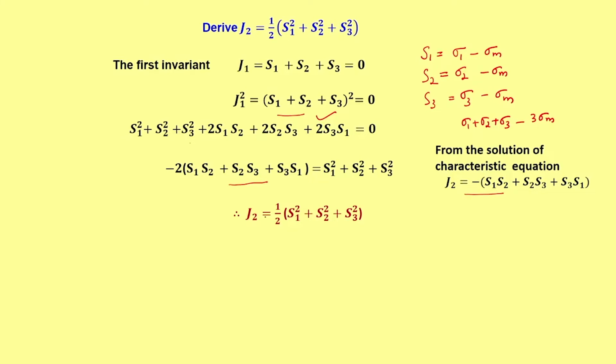So, this can be substituted, 2 comes down. So, it is J2 equal to half of S1 square plus S2 square plus S3 square. So, it is proved. Now, these relationships become important towards the end of this lecture, where you may have to use these equations for further proving certain other relationships. So, please make a note of this.